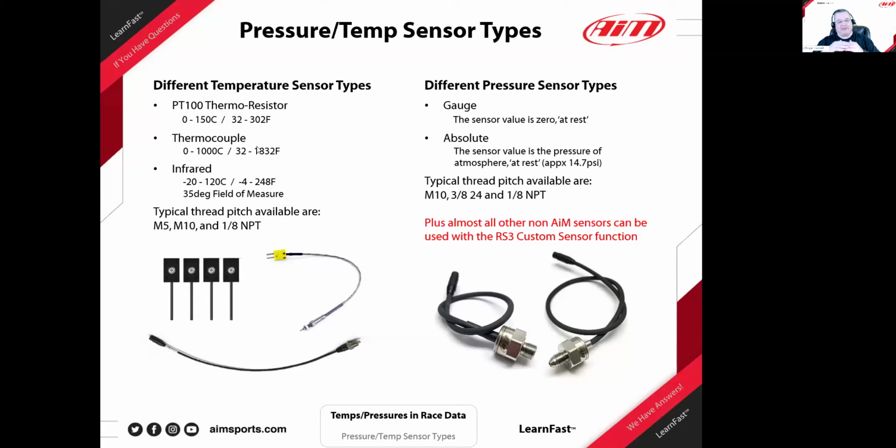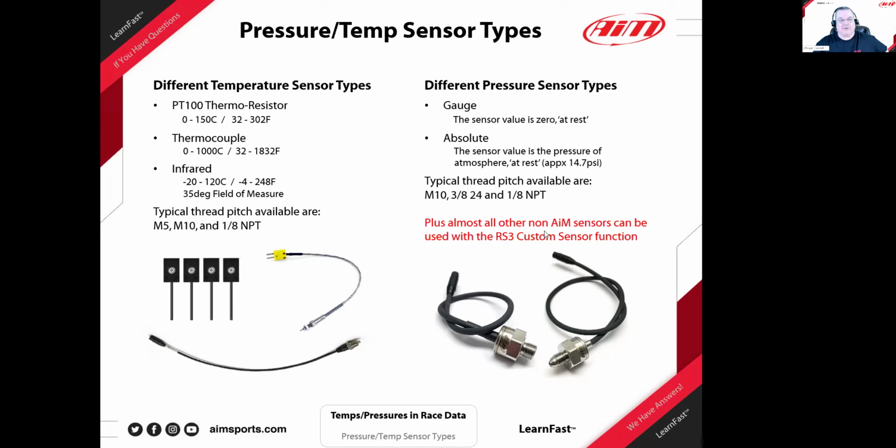If you want to get something of a much higher temperature range, what you'd want to do is a thermocouple. Thermocouples we've used a lot in the past, which was a ton of exhaust gas temperatures and things where you're really reading something of a much higher temperature.